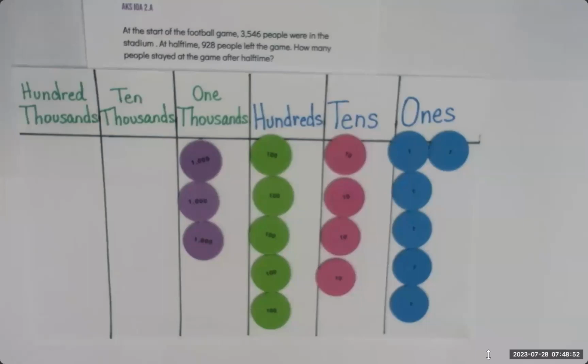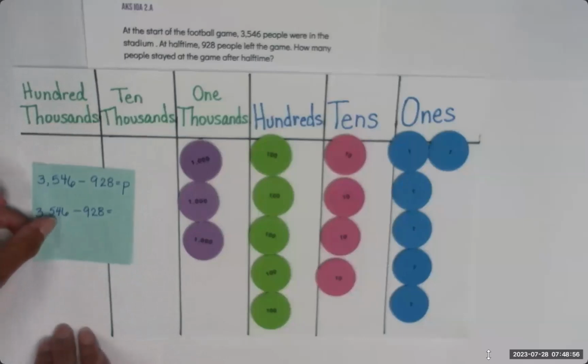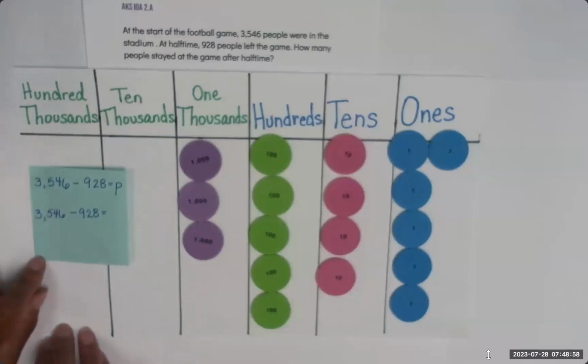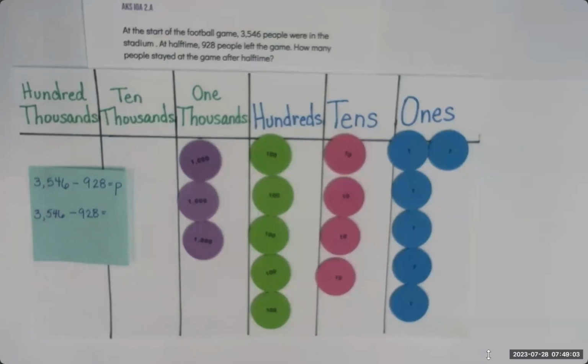And I wrote a subtraction problem here. And I'm going to figure out what 3,546 people who were in the stadium subtract 928 people who left the game at halftime. I'm going to see how many people were remaining after halftime.